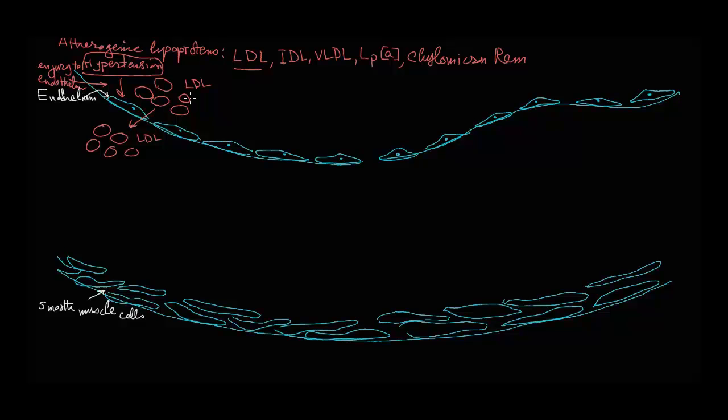Anyhow, the LDL now accumulate in the subendothelial intima and they become minimally oxidized. So lipid oxidation takes place. This is because of the accumulation of some reactive oxygen species from the oxidation in the vascular tissue. This can be exaggerated by some oxidative stress induced by such factors as smoking, for example.